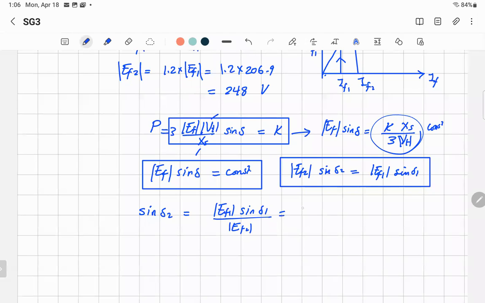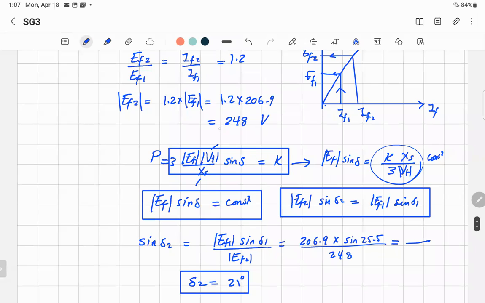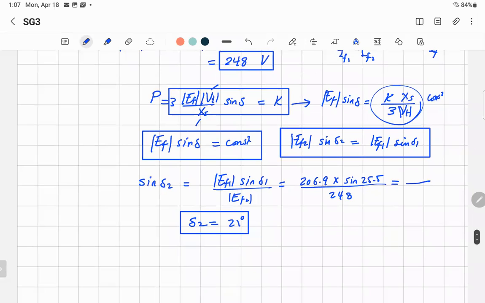We know it from the first time, it was 206.9, and delta was 25.5, so sine 25.5 divided by EF2, we just got it, 248. From that, we get the value for sine delta 2, and so we can get delta 2. So delta 2 is equal to 21 degrees. So we got the new voltage EF, 248, and its angle, 21 degrees.